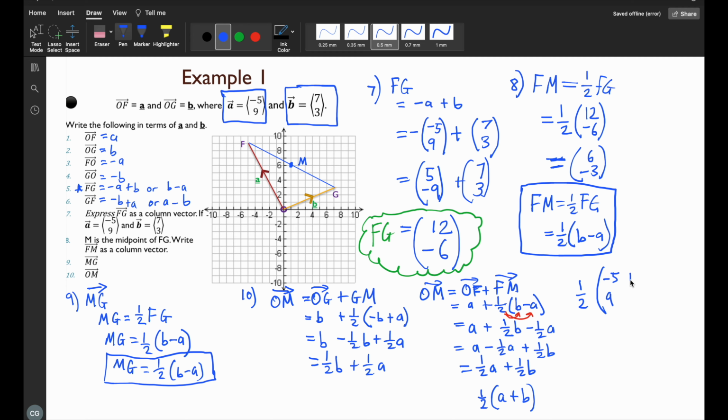And I'll add that to the 7, okay, plus the 3. So negative 5 plus 7 is 2. 9 plus 3 is 12. Half of 2 is 1. Half of 12 is 6. So then our answer here is 1, 6 for OM as well.